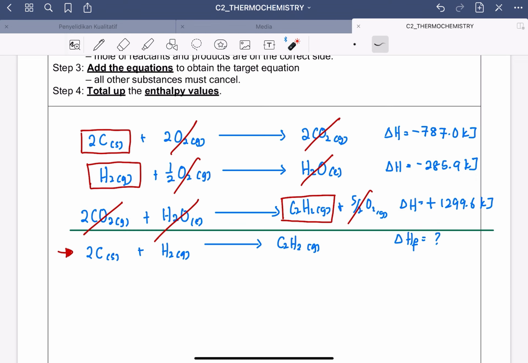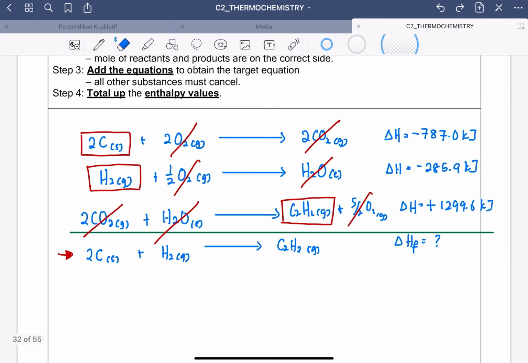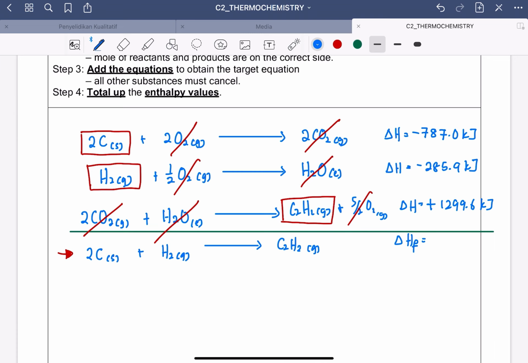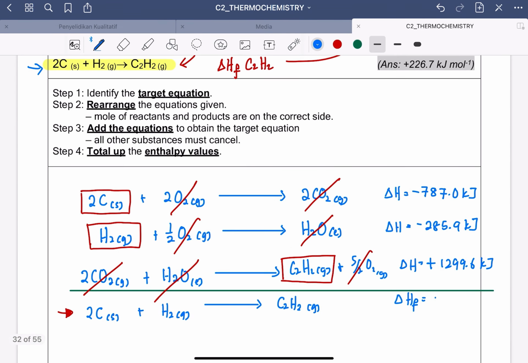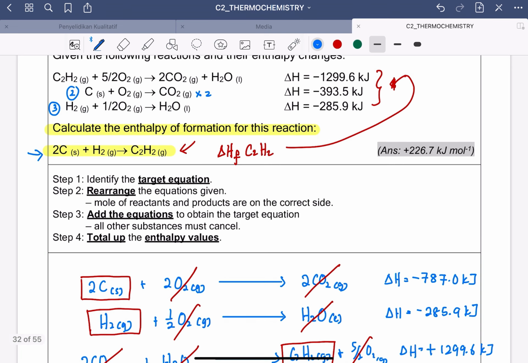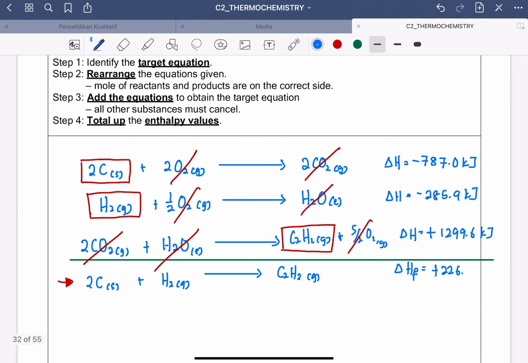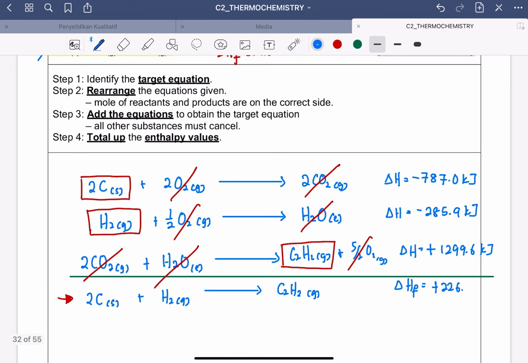Sum all the enthalpy here, and you are going to get, okay, plus 226.5 kilojoule.